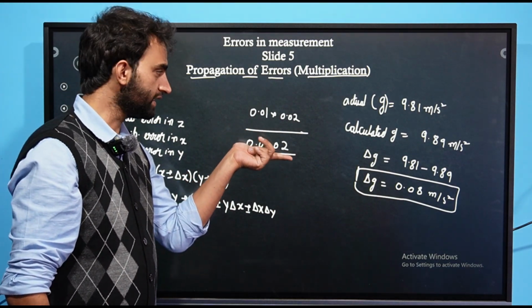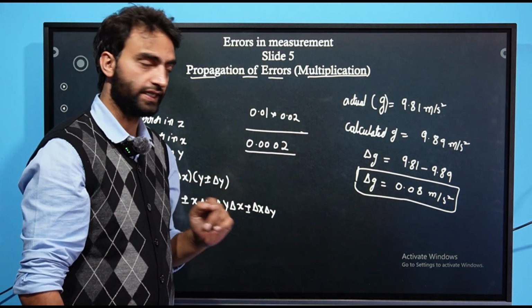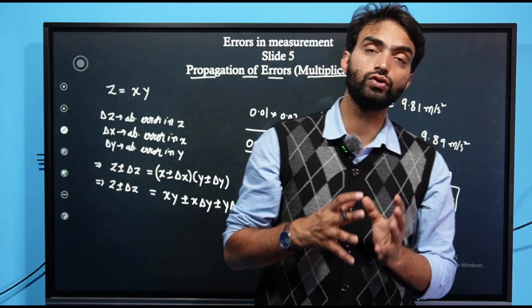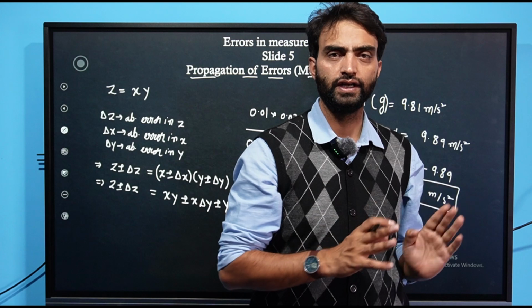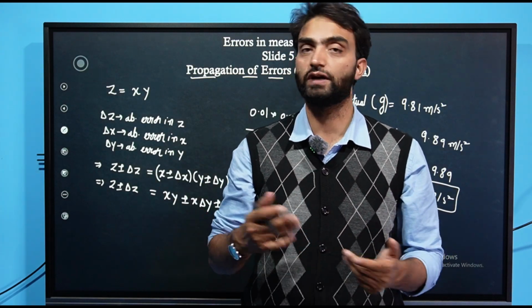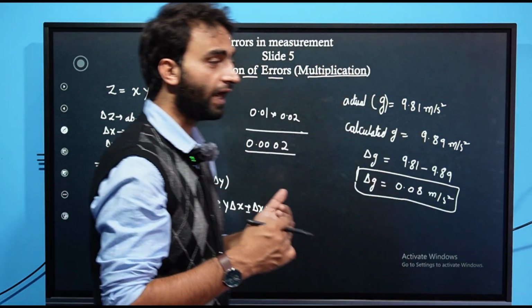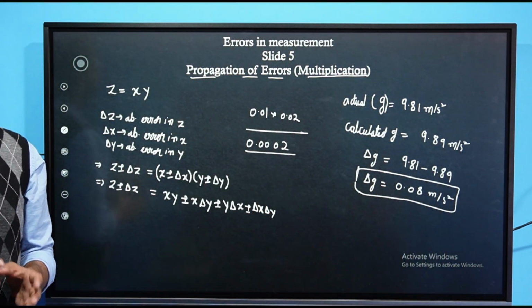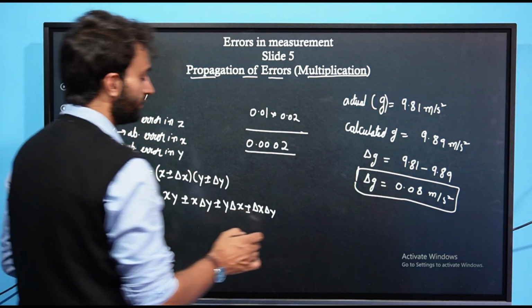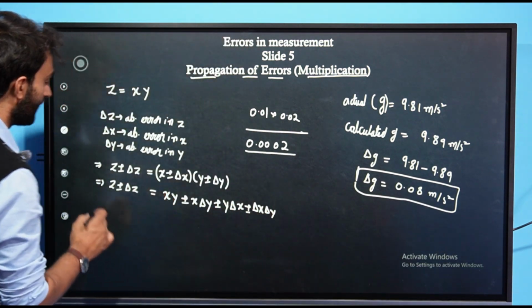So is this number greater than this? No, it's lesser than this, and it's lesser than this one as well. So if you multiply two quantities which are way below 1, then the result we get is much less than that. So if we multiply two very small quantities, then their multiplication will be very small and we can neglect it. So this delta x delta y can be neglected.